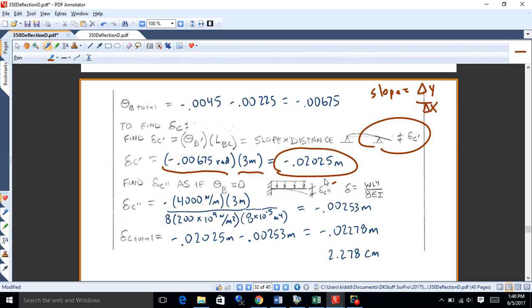So we're going to use the cantilever side of the formula sheet and use that delta formula for the end of a cantilever, which is wL^4 over 8EI. So we'll just plug in w, L, looks like I forgot to do the fourth power up here, ^4 over 8EI. And that's negative 0.00253. So the net effect, when you add them together, is negative 0.02278 meters, which is 2.278 centimeters, just a little bit short of an inch there.